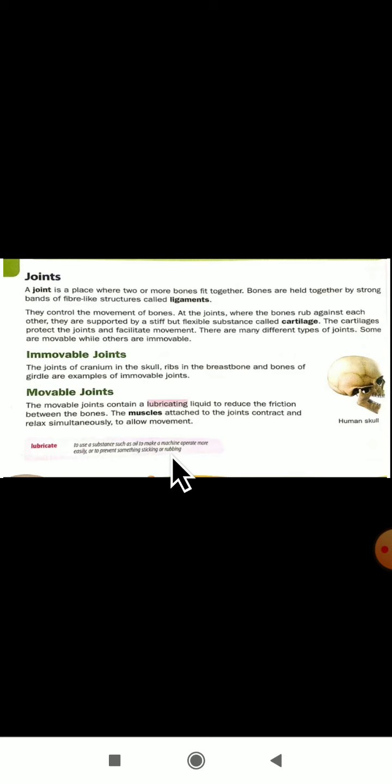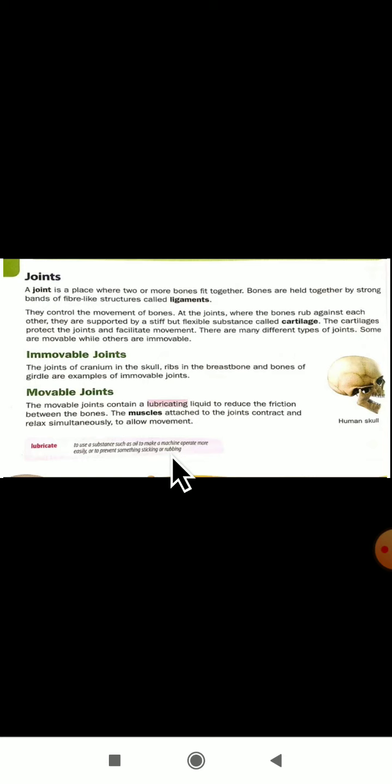In the same manner, the movable joints have one lubricating liquid. Why do the movable joints have a lubricating liquid? To reduce the friction between the bones here.